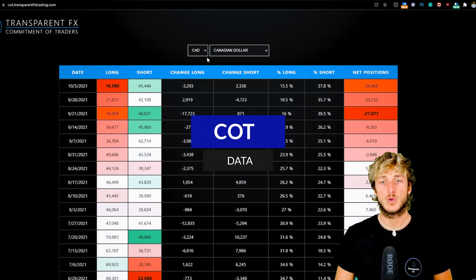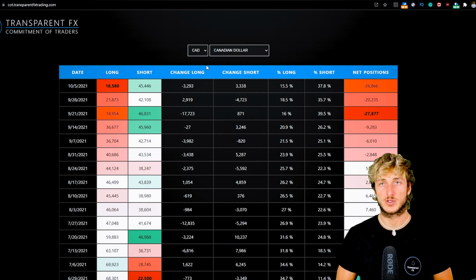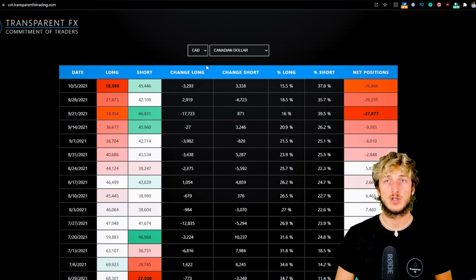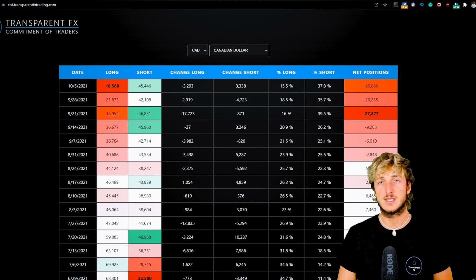Now, if we go and see what we have from a COT perspective, so commitment of traders, which is basically what hedge funds and the non-commercials, so the biggest speculators in the market, are doing, we can see how lately net positions have been dropping.